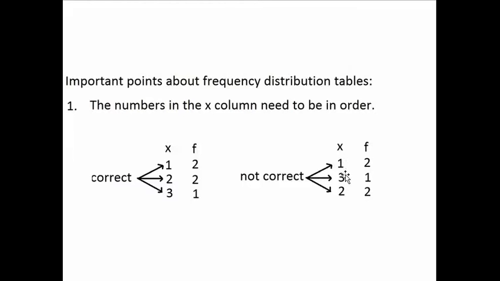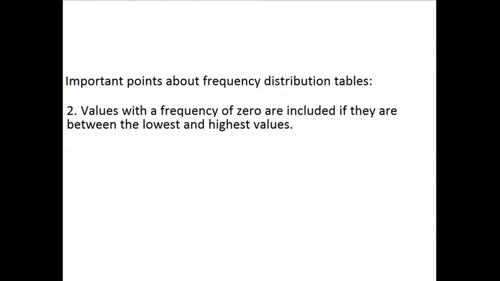It wouldn't be correct to create it this way because the numbers in the X column are out of order. And when you put the numbers in the X column out of order like this, the table doesn't look very organized and it's difficult to read. That's why you want to create a table like this, in which the numbers in the X column are in order. Here's another point about frequency tables.